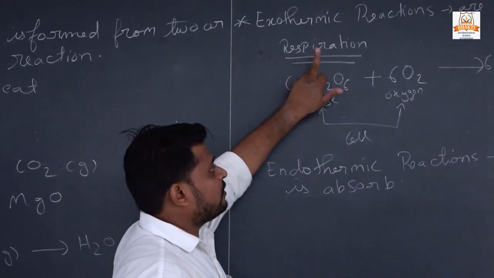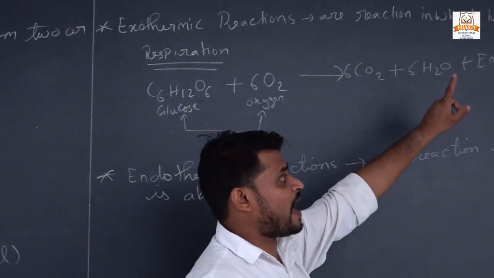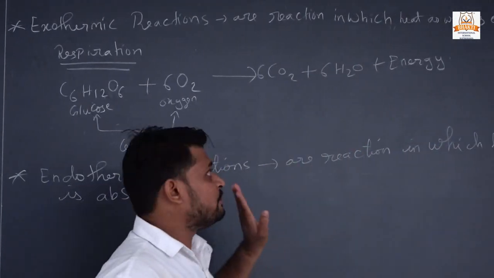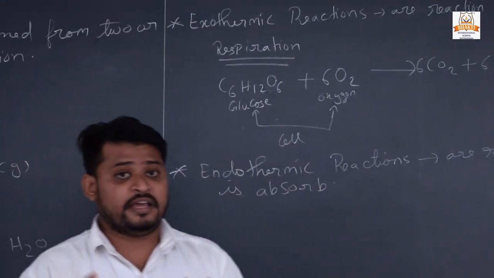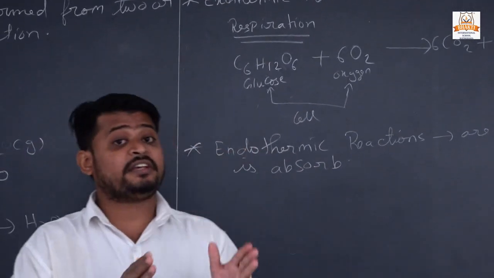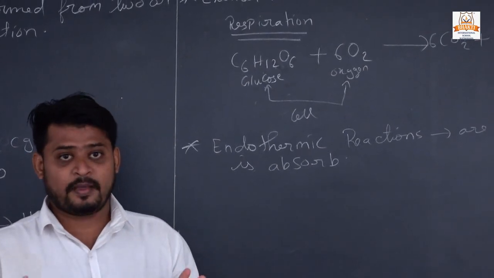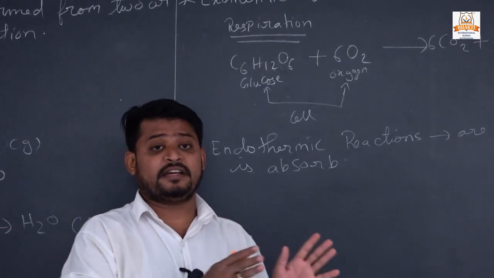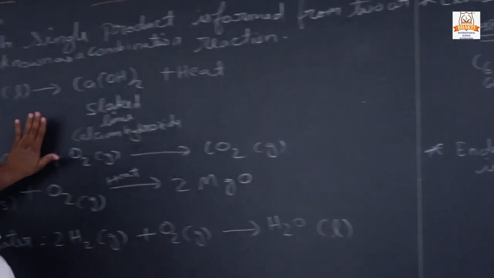Exothermic reactions are reactions in which heat as well as energy is released. What is an exothermic reaction? A reaction in which heat or energy is released while the chemical reaction is going on. This is our example of exothermic reaction.